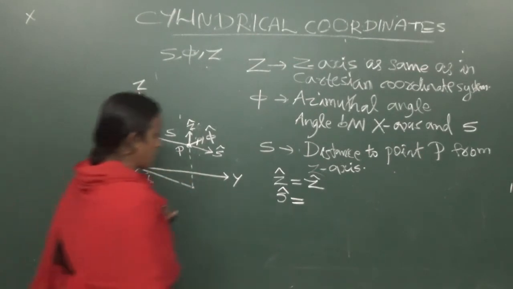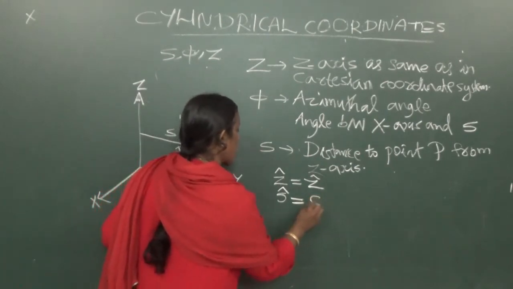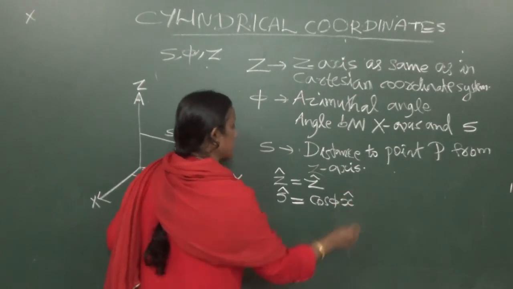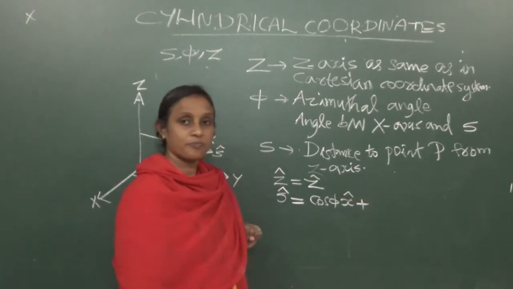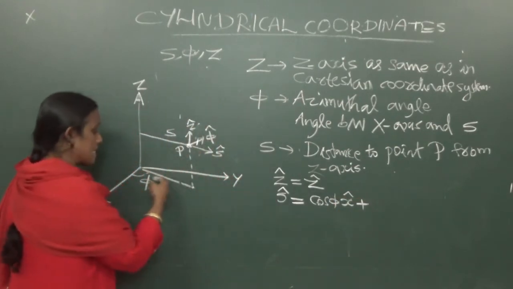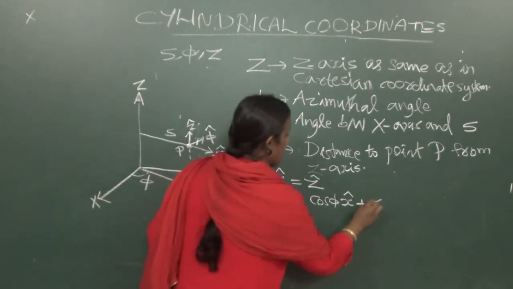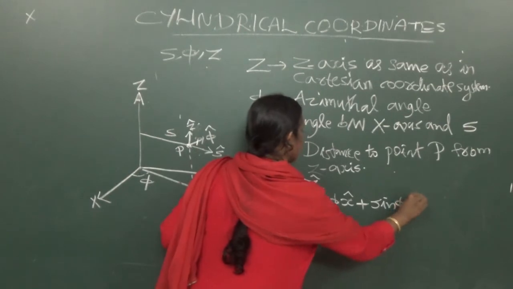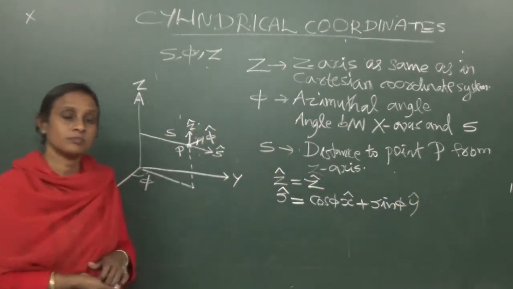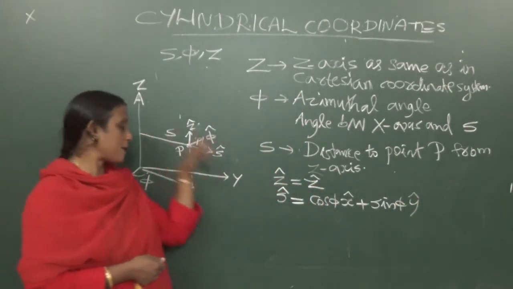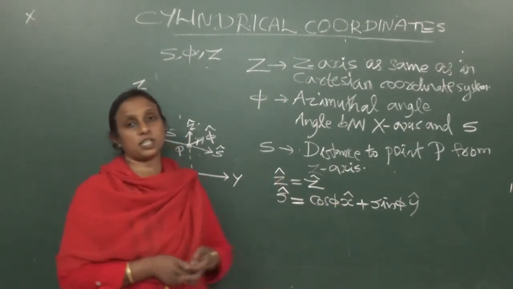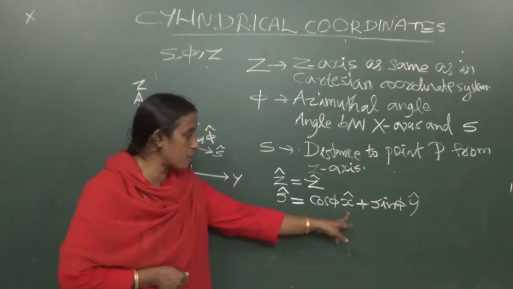So you get cos phi x cap plus sin phi y cap. This is the component of S cap in terms of the Cartesian basis vectors x cap and y cap.